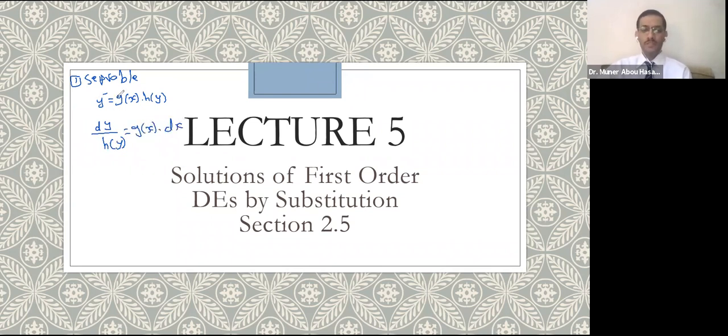So the separable differential equation, which we studied in lecture number 2, is very important, and to solve it, you only need to write all y together on the left-hand side and all x together on the right-hand side. Then integrate both sides of your equation. This is the first kind of differential equation which we studied in lecture number 2.